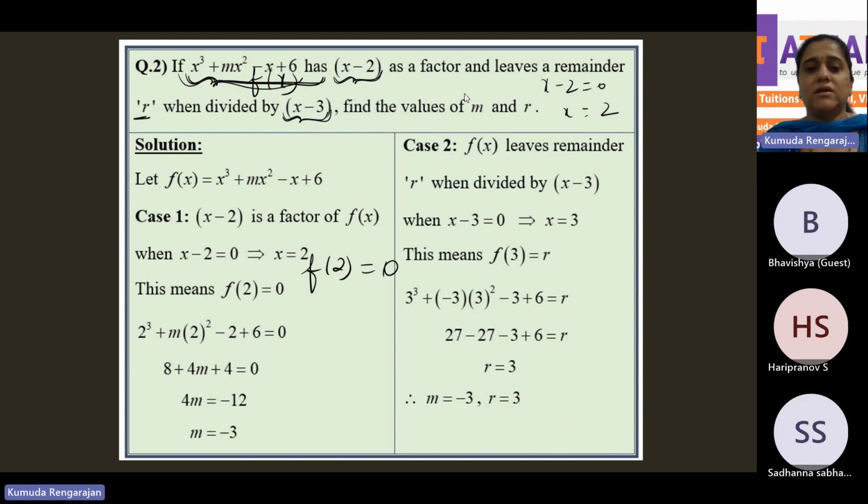Am I audible? Yes, ma'am. Hari Pranav, just check your device speaker, maybe it is on mute or probably very low volume.